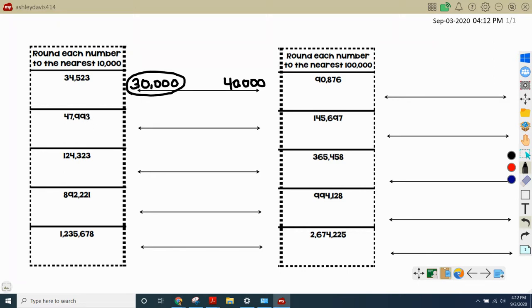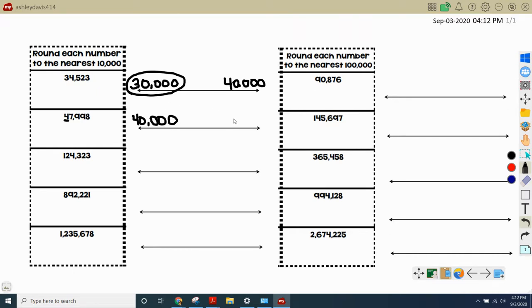Okay, on our next one, we're still rounding to the 10,000s place, and you can still underline that place. That's fine, but we're not going to do the whole arrow to the neighbor, and see what rounds up and what rounds down. So this 4 is worth 40,000, so that's the first number we write on our number line, or like I said, you think about it on your number line, 40,000.